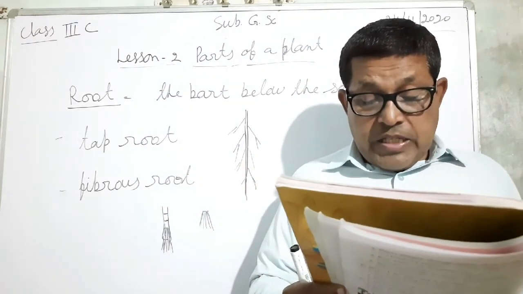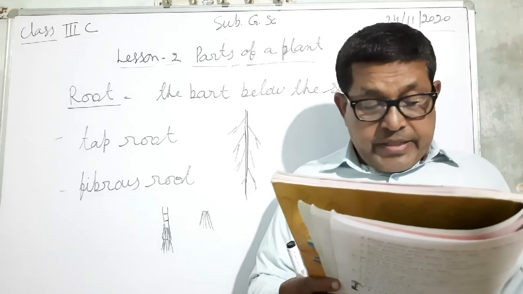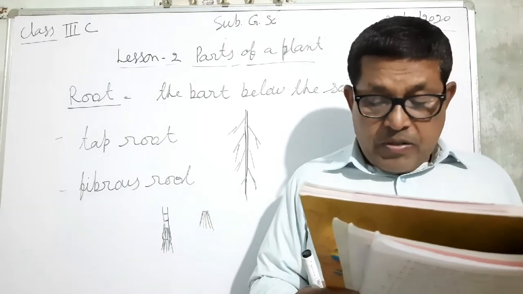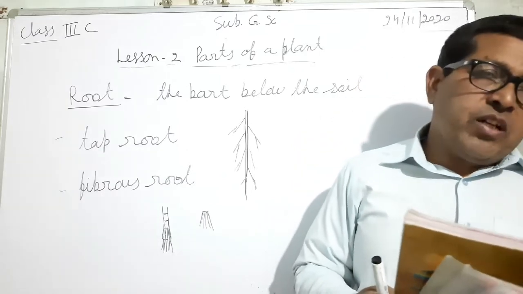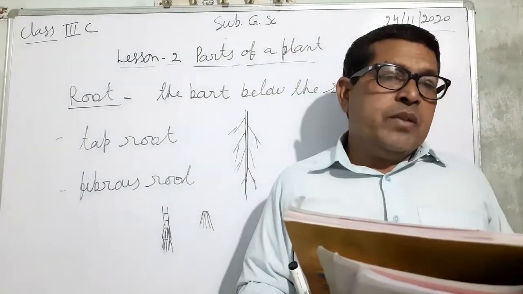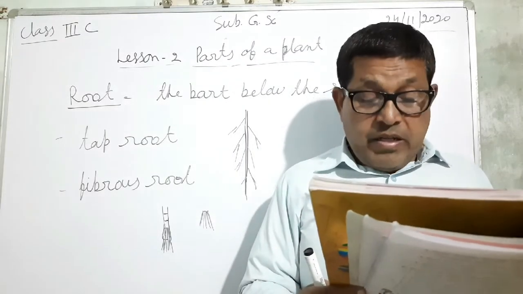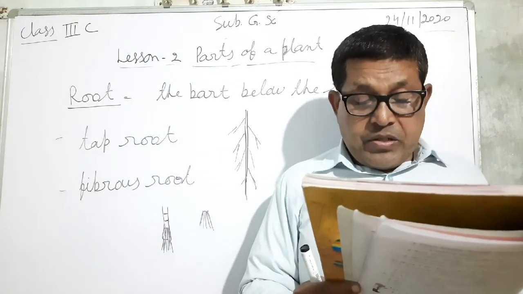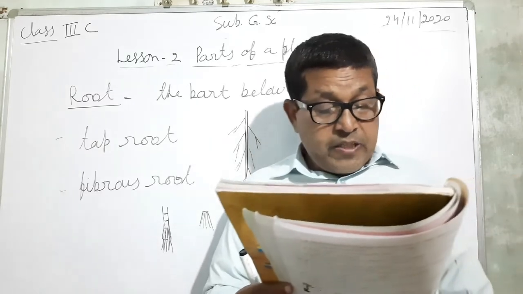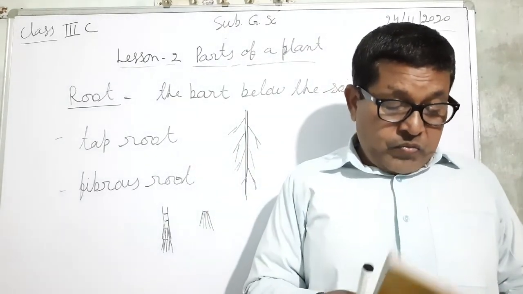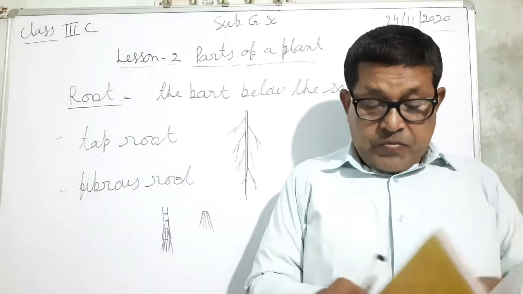Plants such as wheat, maize, rice, onion, grass have fibrous roots. There is a long list of the plants having the fibrous roots.